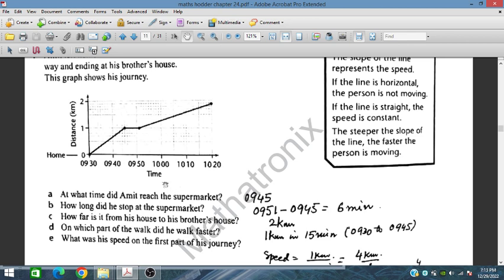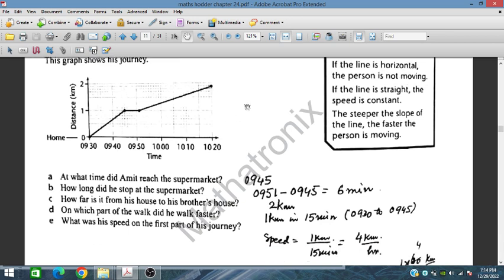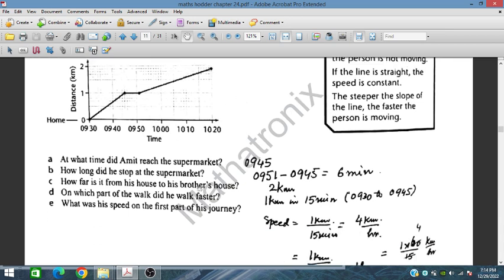And how far is it from his house to his brother's house? His brother's house is approximately 2 kilometers away, or 1.9 kilometers, approximately 2 kilometers. On which part of the walk did he walk faster?